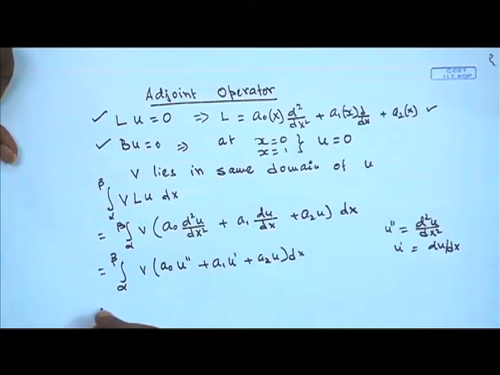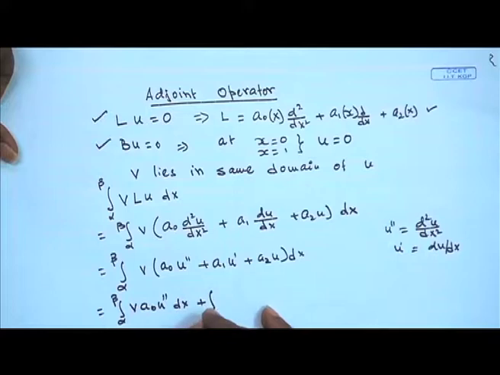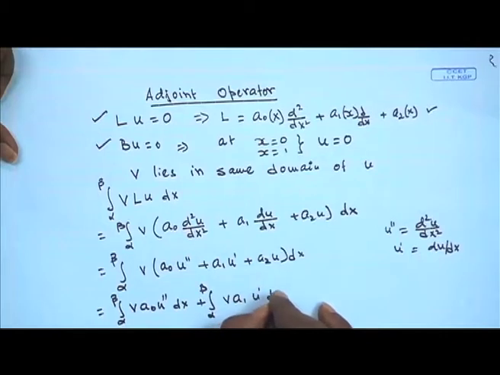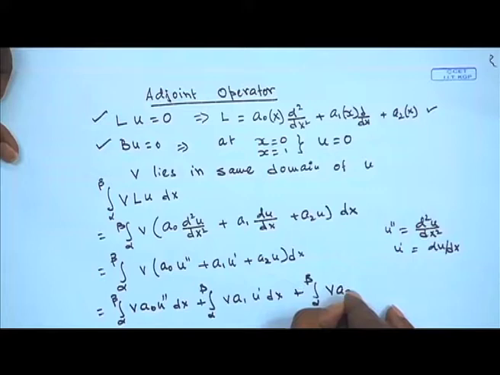Then we will be expanding. We open up this brace, and get the integral from alpha to beta of v a0 u double prime dx, plus the integral from alpha to beta of v a1 u prime dx, plus the integral from alpha to beta of v a2 u dx.